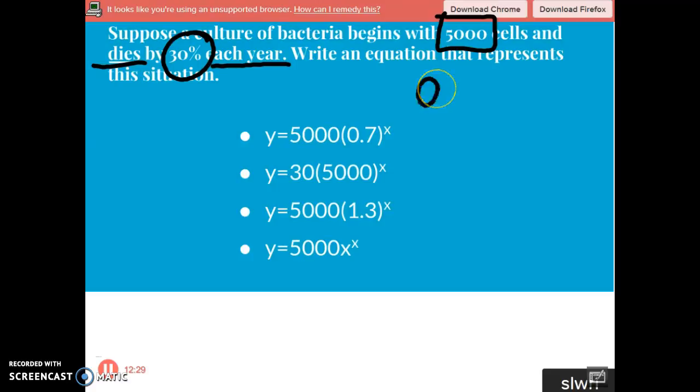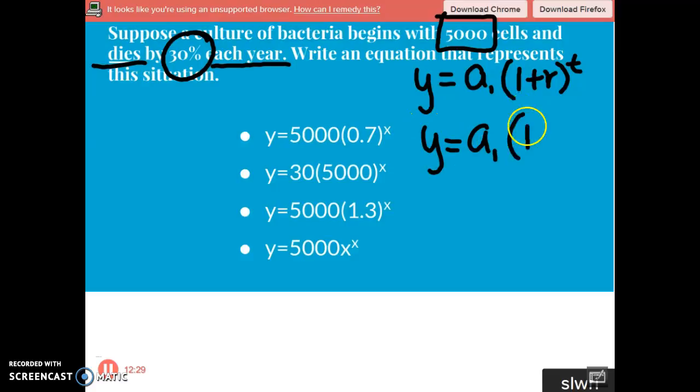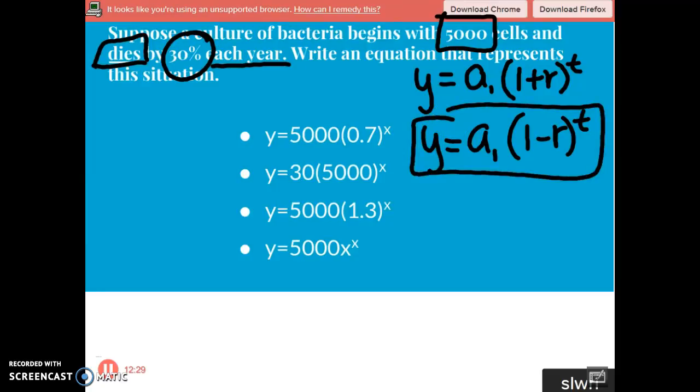There are 2 equations that represent this function. One is y equals a sub 1 times 1 plus r to the t. The other one is y equals a sub 1 times 1 minus r to the t. Which one is going to reflect the dying of these bacteria cells? If you guessed the second equation, you would be correct.